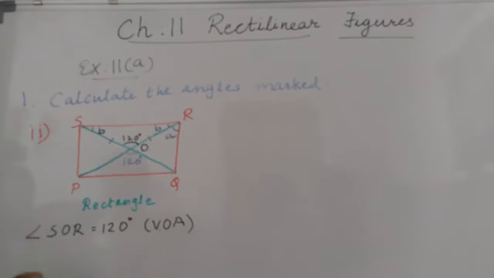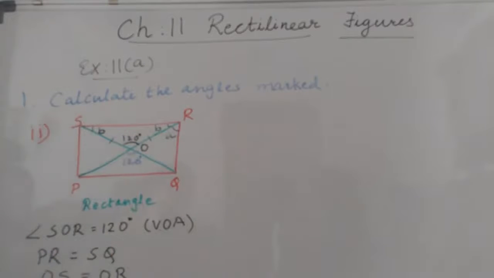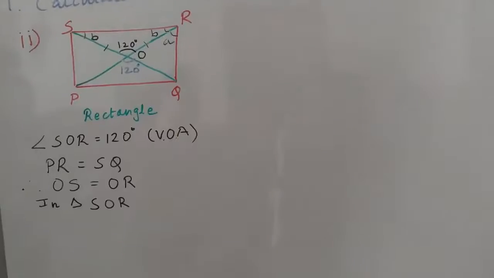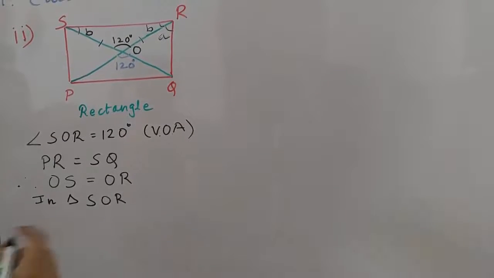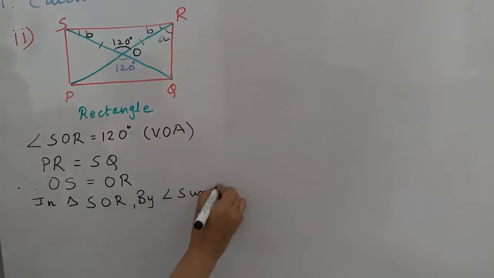Now we can write here PR is equal to SQ. Therefore OS is equal to OR, as they are the halves of PR and SQ, so they are also equal. So we can write in triangle SOR, this upper triangle, by angle sum property.